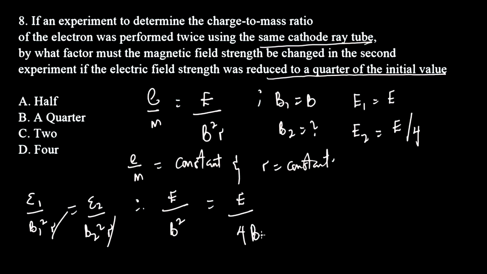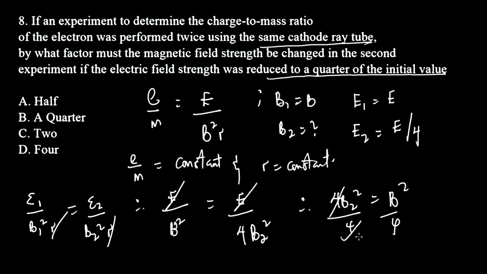The E cancels out, so 4 B2 squared equals B squared. Dividing both sides by 4 and taking the root of both sides, B2 equals B over 2.